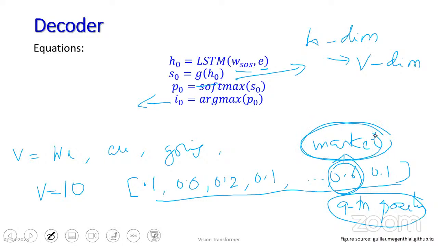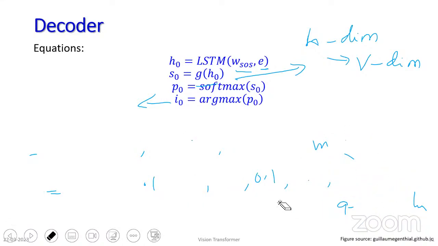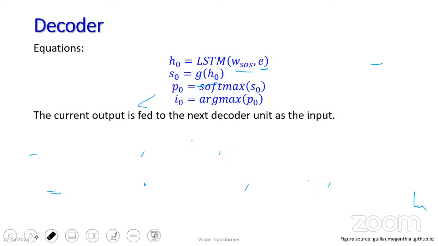This is how the recurrent neural network works. This is what is happening at the decoder level. The current output is fed to the next decoder unit as the input.